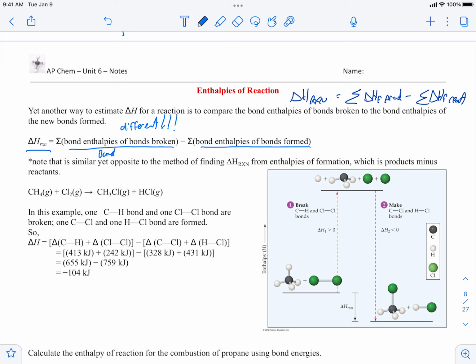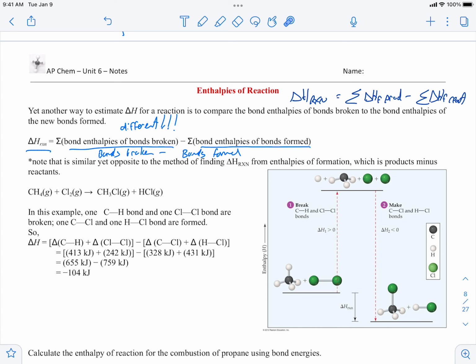Okay? It's not the same as products minus reactants. If you are given bond energies, you do it this way. If you are given enthalpy of formations, you do it this way. They are not interchangeable. So pay attention to the data that you were given in the problem, okay?